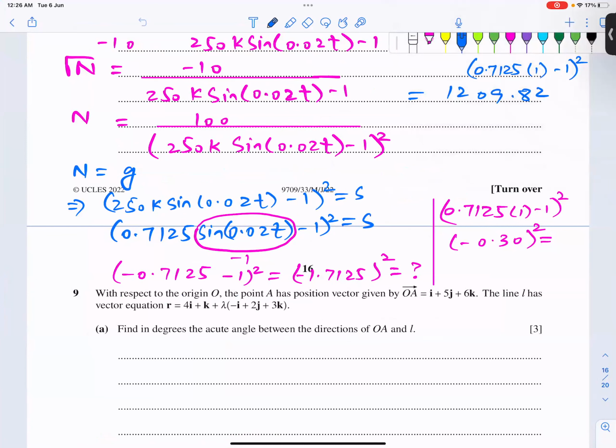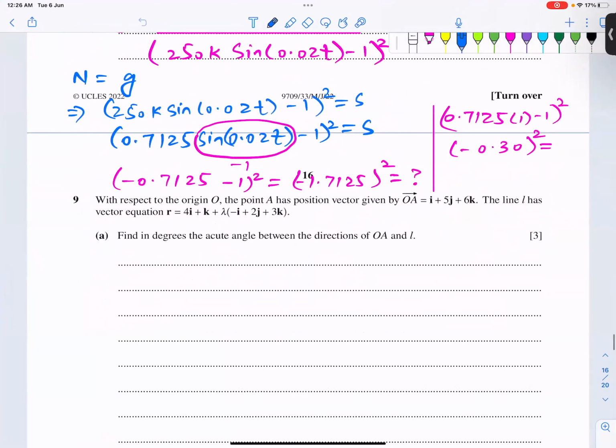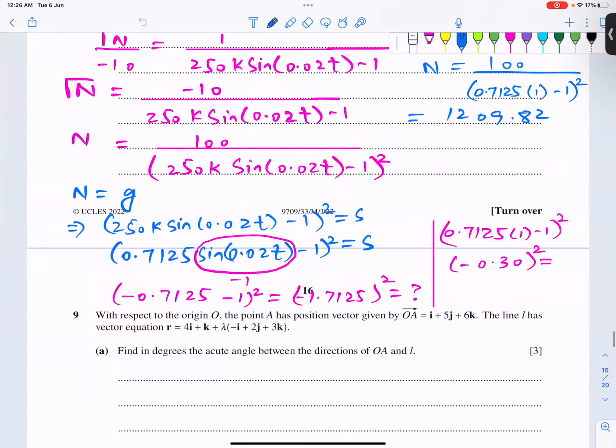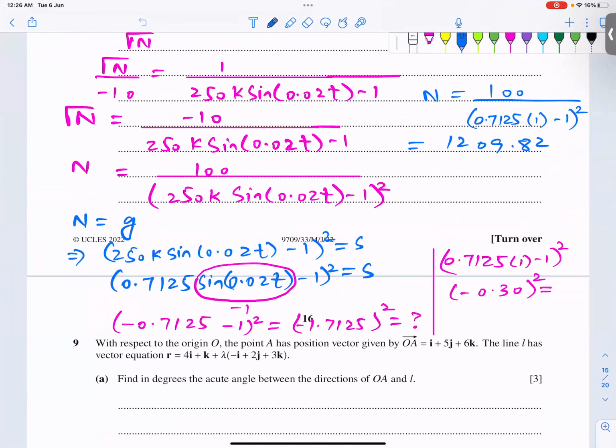I was actually checking the answer. The answer was 1209.82, so this is the correct answer.